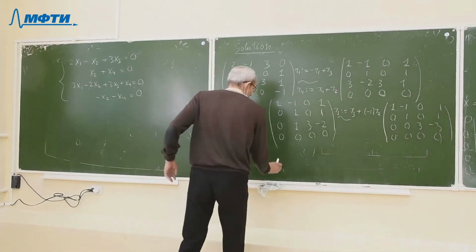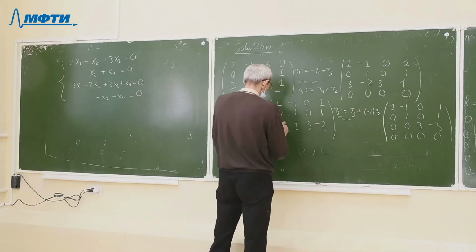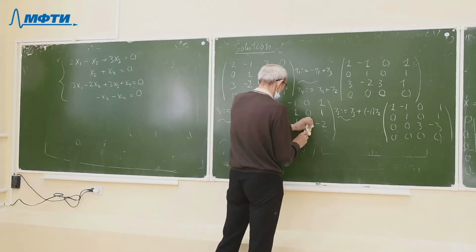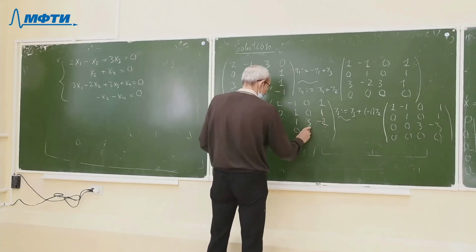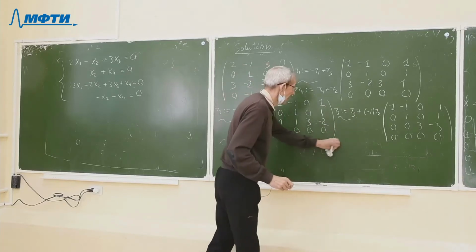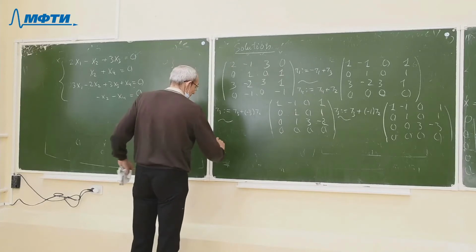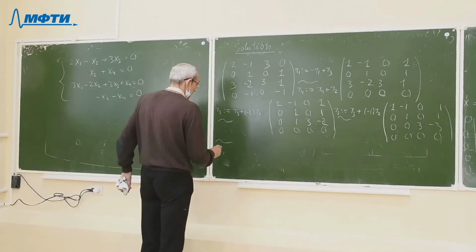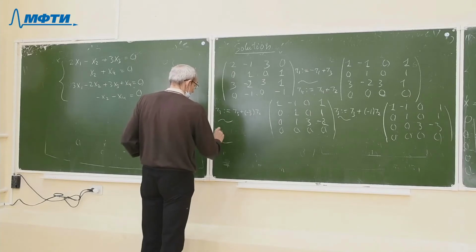Multiply the third row by the ratio 1 over 3.